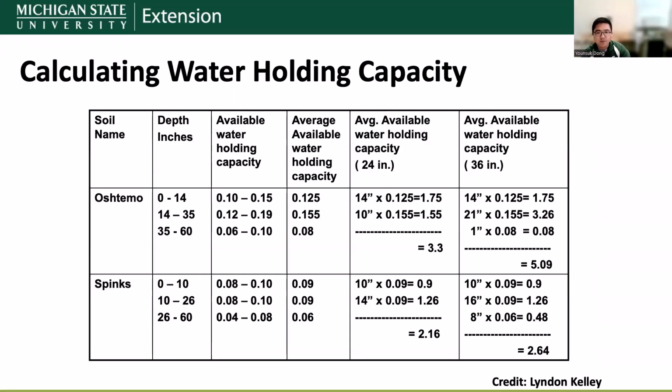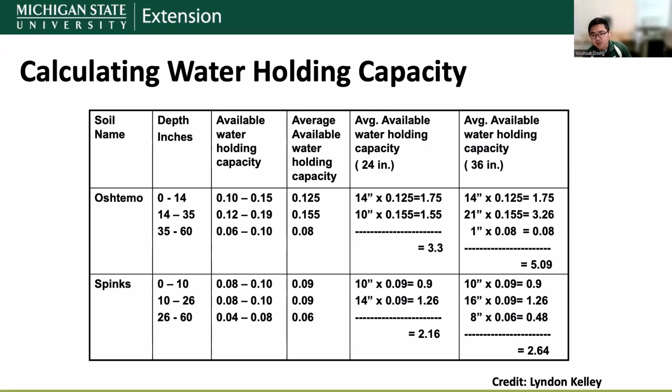Based on that information, let's say we found that our field has Oastamo soil and Spinks soil. The USDA website provides the average water holding capacity for different depths for that specific soil.